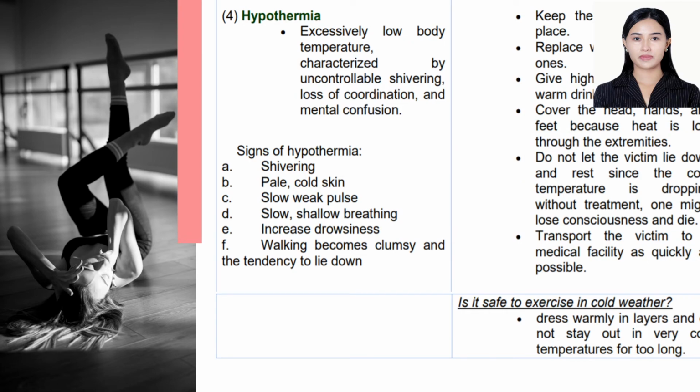If hyperthermia is heat, hypothermia is exposure to cold temperature. What are the symptoms of hypothermia? Shivering, slow or shallow breathing, weak pulse. What else? Pale, cold skin. Those are the signs of hypothermia.